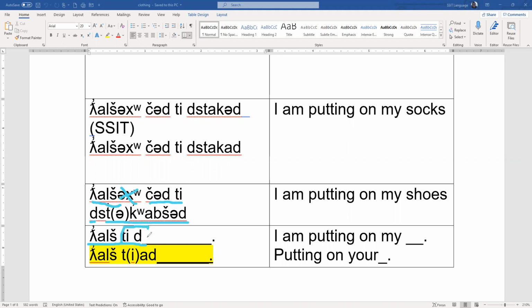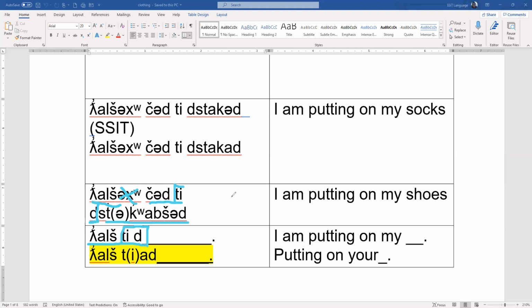Teed. So the d is a prefix to the noun. And the nouns are the items that you're putting on that are yours, right? So if it were somebody else's clothing that's not yours, you can use a different form.